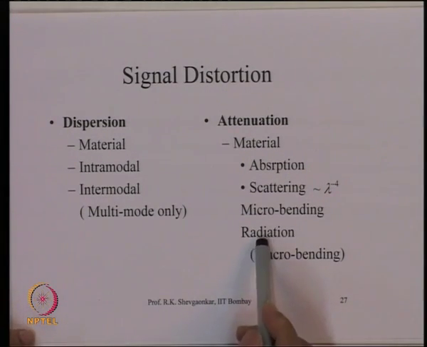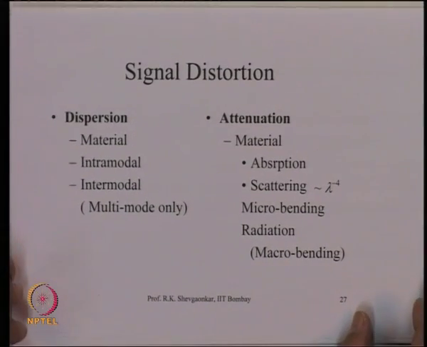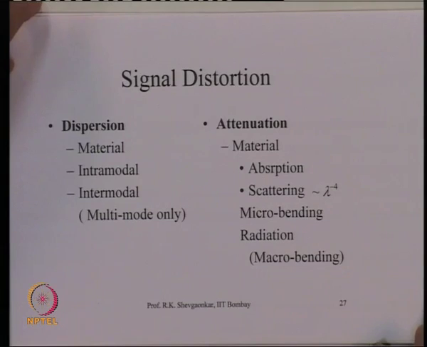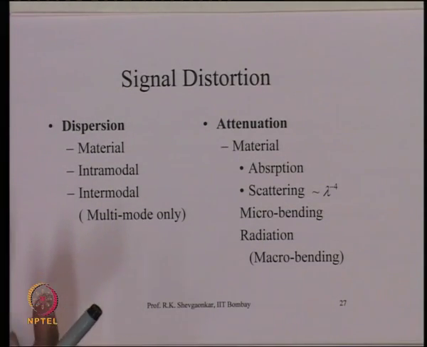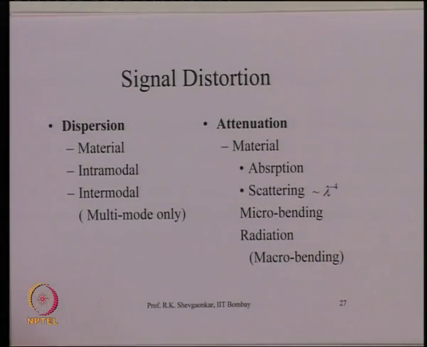Further, if the fiber is laid in the form of large arcs, then we call that macro bending, or that loss is what is called the radiation loss. So, when the signal travels on the optical fiber, essentially it gets attenuated because of the loss which takes place over here, and because of what is called dispersion.